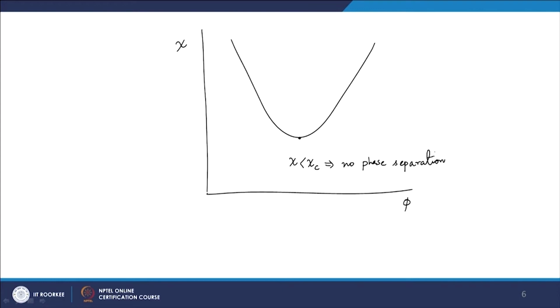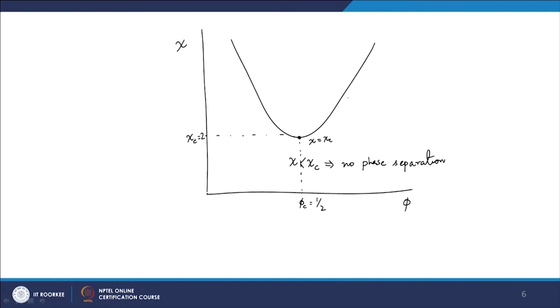Phase separation only occurs beyond chi equal to chi c. This point, by the way, is phi c equal to 1 by 2, and this is chi c equal to 2.